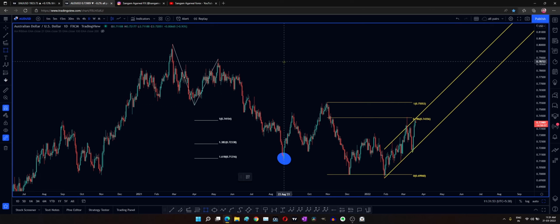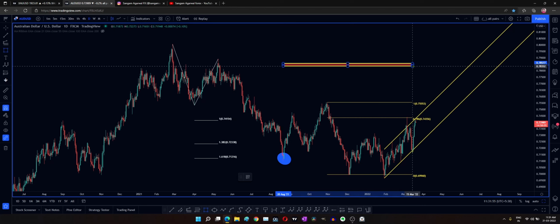Since then, this price action, we do not know if it is a sideways correction or a trend reversal, because this started after a 61% projection of the previous trend.